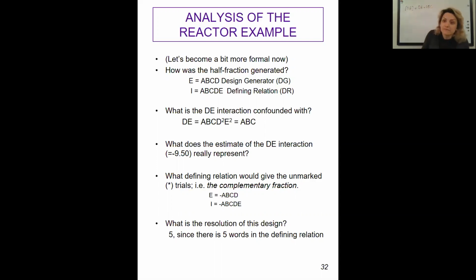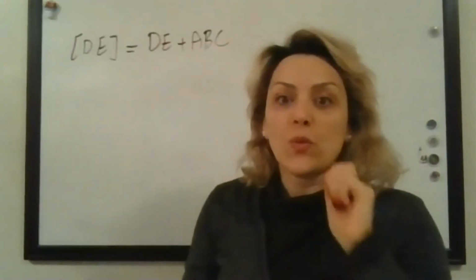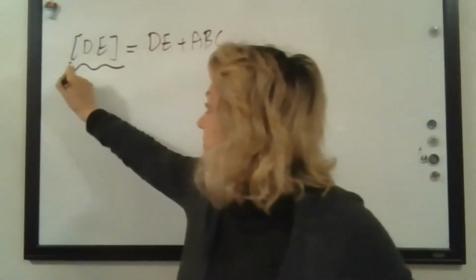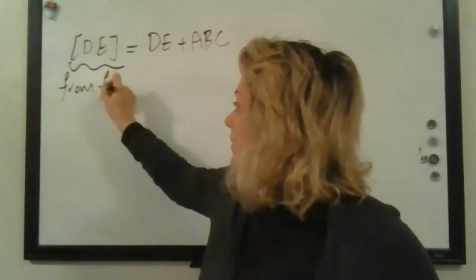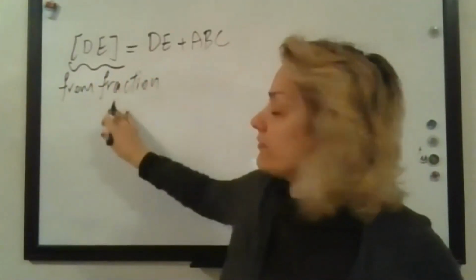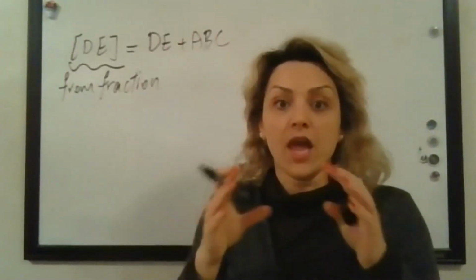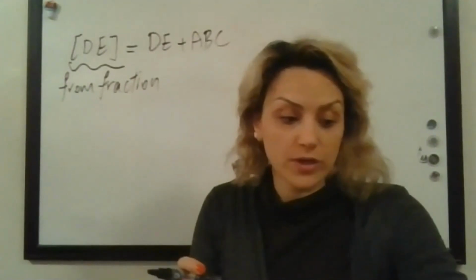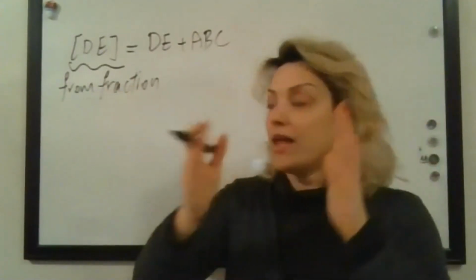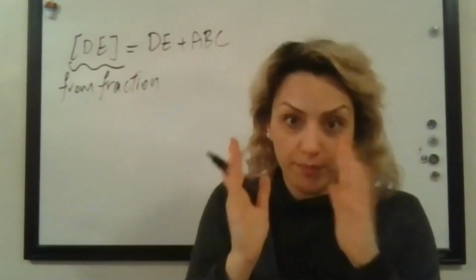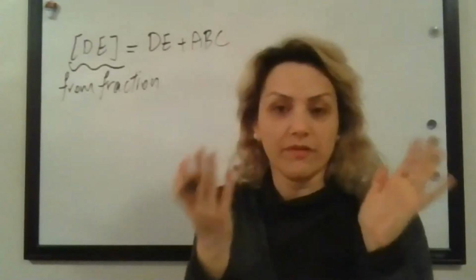So what's happened is that this DE is from the fraction. This is the value that we want to find out for the fraction. And DE and ABC are confounded. We said that was my full factorial, and half of it goes to the principal fraction that I would have.